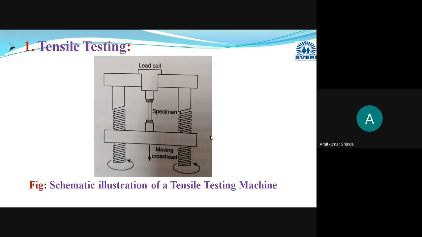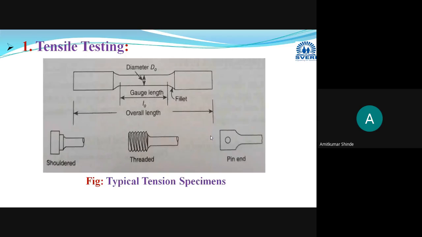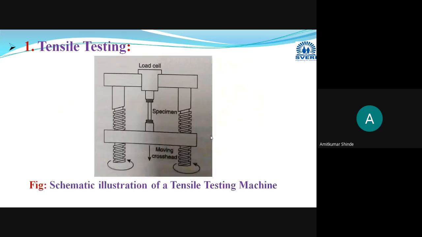This is a general diagram for a universal testing machine or a tensile testing machine. And then, after this, the first part will be specimen preparation, then how the actual test is conducted, that we are going to discuss with the help of this diagram.